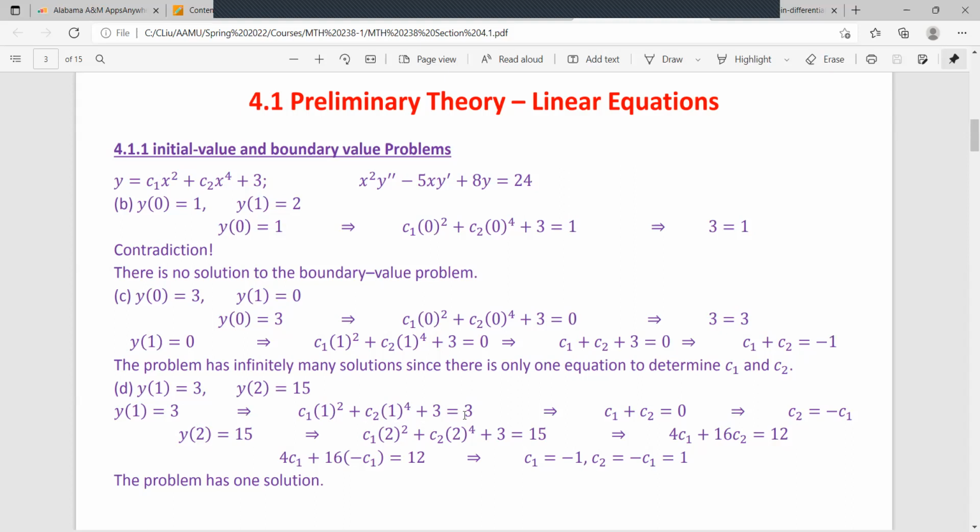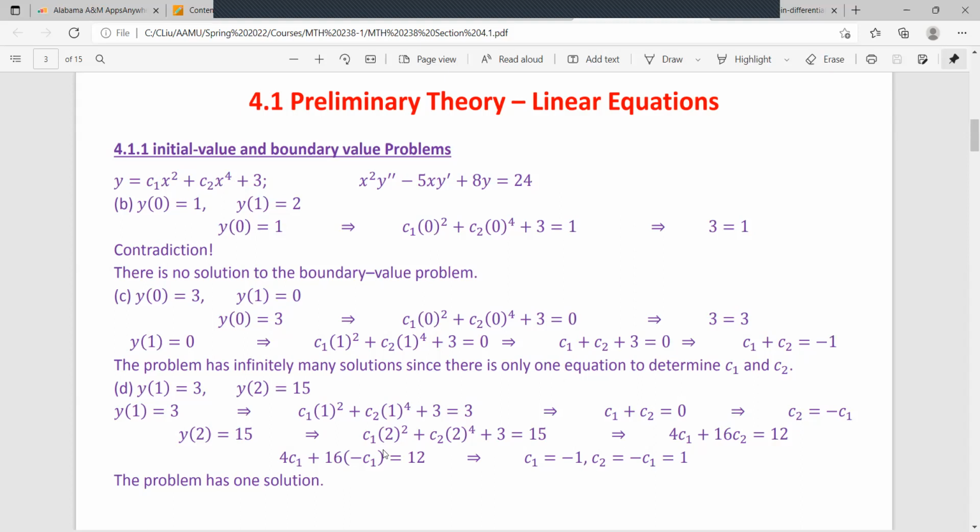So if you plug in 1 for x in y, we get C1 times 1 squared plus C2 times 1 to the fourth plus 3 equal to 3. Again, 1 to any power is 1. So at the end, we just get C1 plus C2 plus 3 equal to 3. And we can cancel 3 on the two sides to get C1 plus C2 equal to 0. So that's one equation, or you can rewrite it as C2 equal to negative C1 if you move C1 to the right. And the other boundary condition is y(2) equal to 15. So plugging 2 for x, we get another equation.